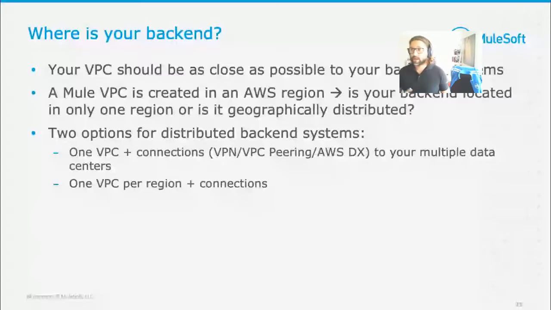communications. However, in many organizations, especially in big organizations, they don't have a unique location for the data center. Their data center is geographically distributed in different on-prem locations or in different regions of their cloud provider. If that's the case, we've got two options.